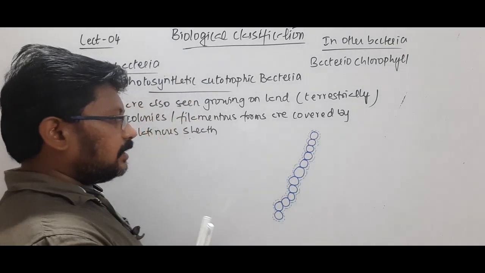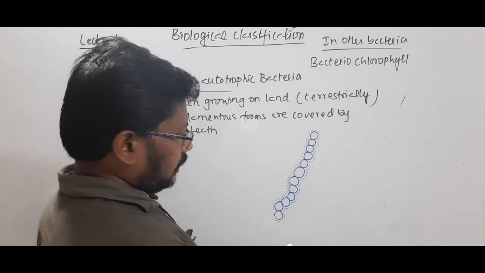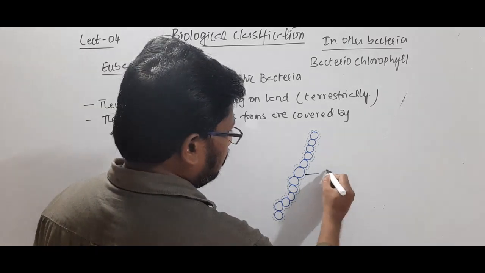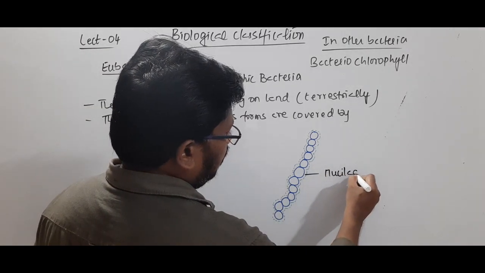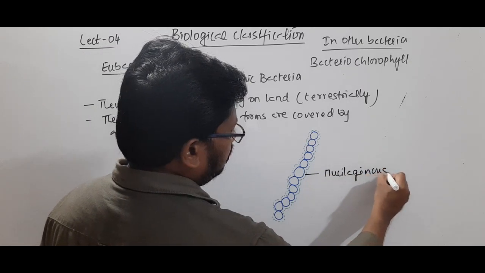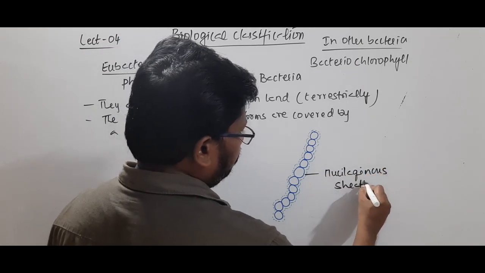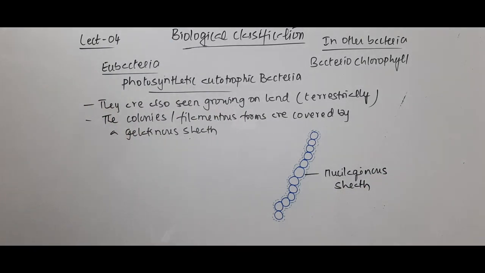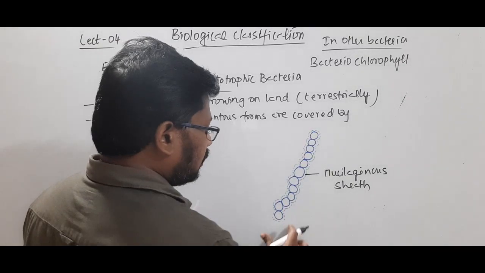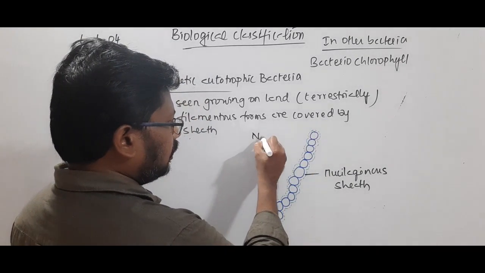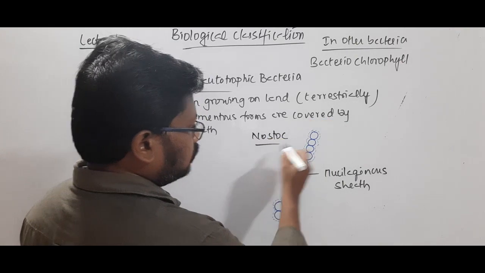You can see here, this is a mucilaginous sheath, and these are the cells, like we see in the case of Nostoc.